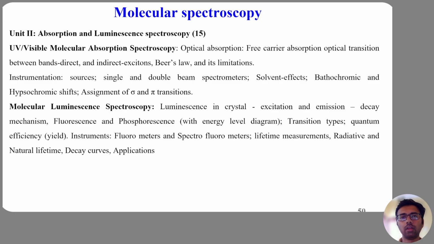At this stage, you should now be comfortable distinguishing between direct bandgap transitions and indirect bandgap transitions, both mathematically and conceptually. You also understand the role of excitons and how they modify the absorption edge near the bandgap.